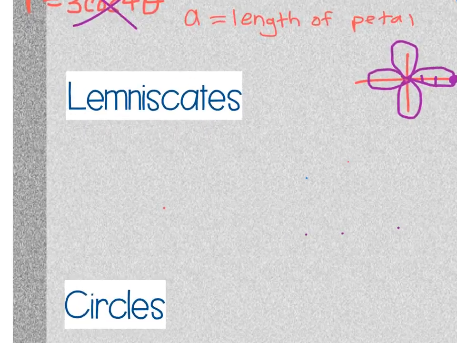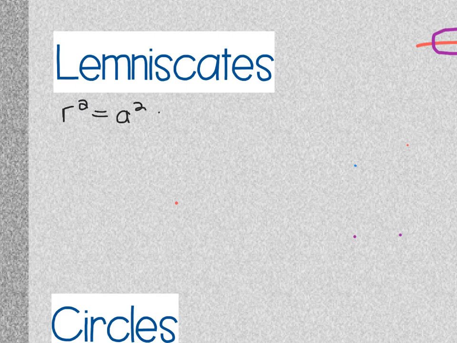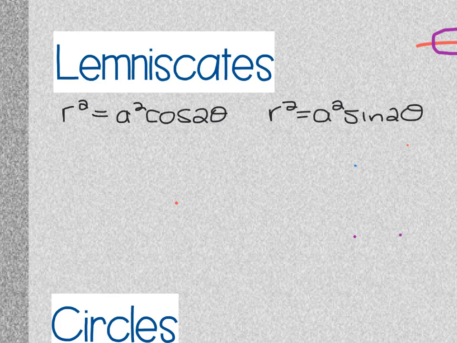All right, then you got a lemniscate. So the lemniscates are the ones that have the r squareds. These are the only ones with r squareds. So this is r squared equals a squared cosine 2 theta, and r squared equals a squared sine 2 theta. So don't confuse these with your roses because they do have something attached to the theta.